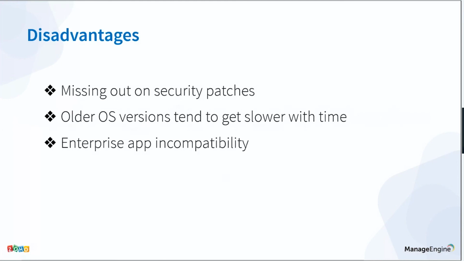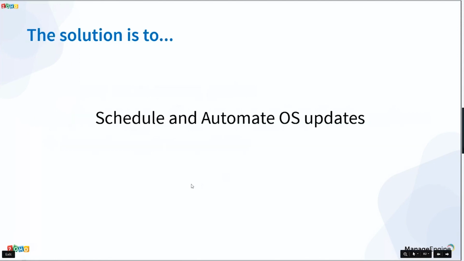Moreover, if you're using your own in-house application, the app developer might develop that application based on the latest operating system, and if your devices are outdated, it might not work as expected. That's the reason you will have to have control over the OS update of your devices too.